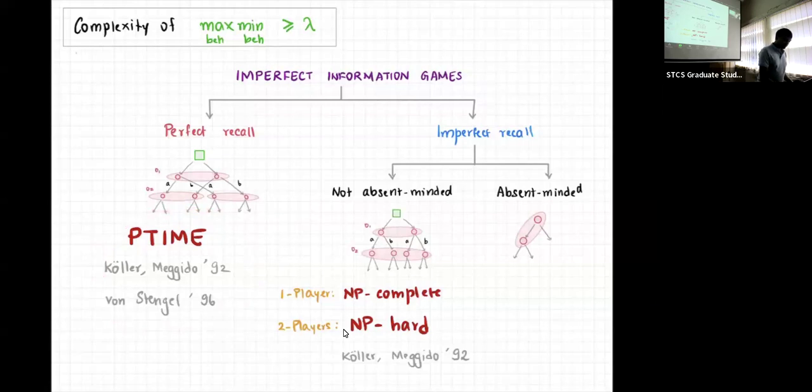For the others, if you look at the one player case, when it is not absent-minded, pure strategies suffice. So you just need to guess a pure strategy, which puts it in NP. Apart from that, it's not known to be NP hard. Suffice to find the maximum value. And in the general two-player case, it was known to be NP hard even without absent-mindedness.